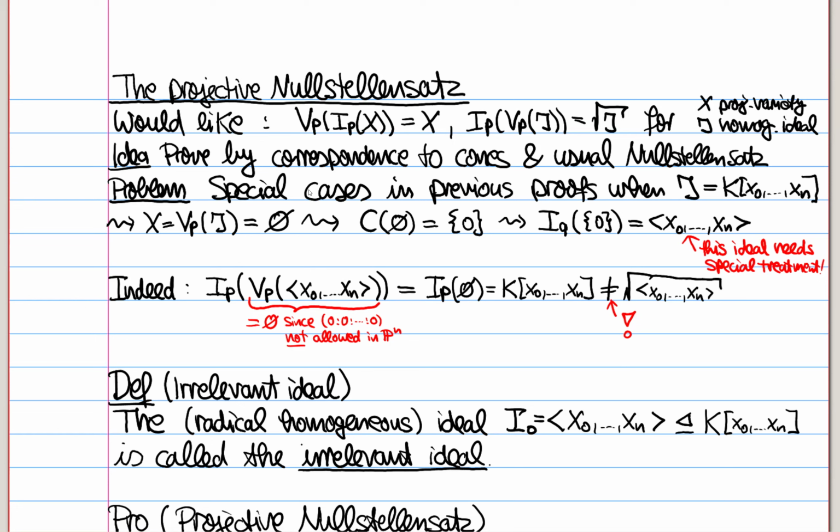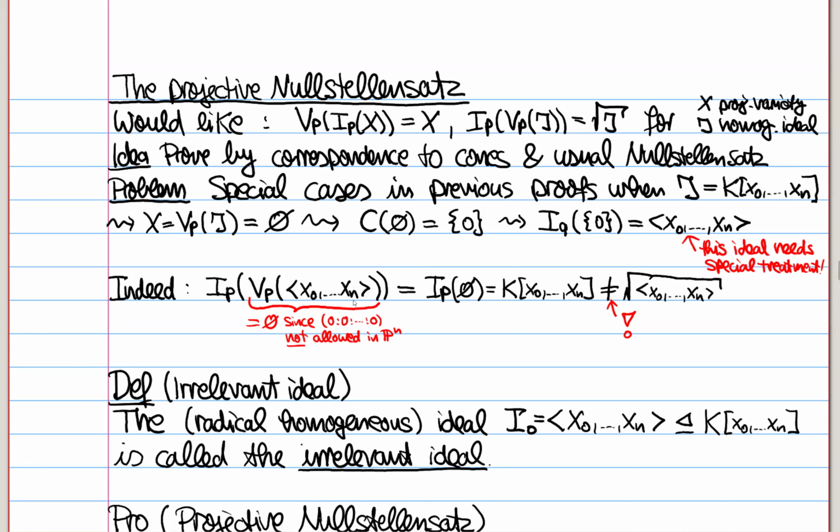So we have singled out this ideal. This might be creating problems. And indeed, if we check our ideal Nullstellensatz on this ideal, let's take the ideal of the vanishing locus of this thing. The claim is that the vanishing locus of this ideal is the empty set.